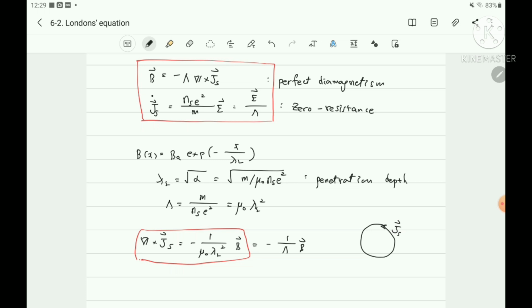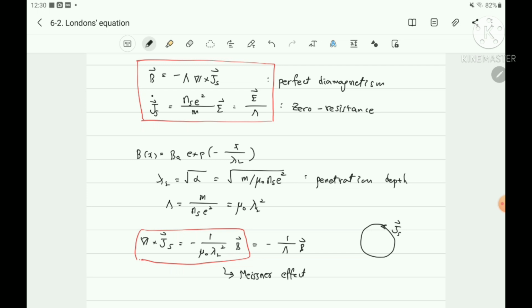Rotation of super electrons gives a negative magnetic field. Negative magnetic field means that it is the Meissner effect. It is a diamagnetic magnetization. The supercurrent is generating the negative magnetic field.